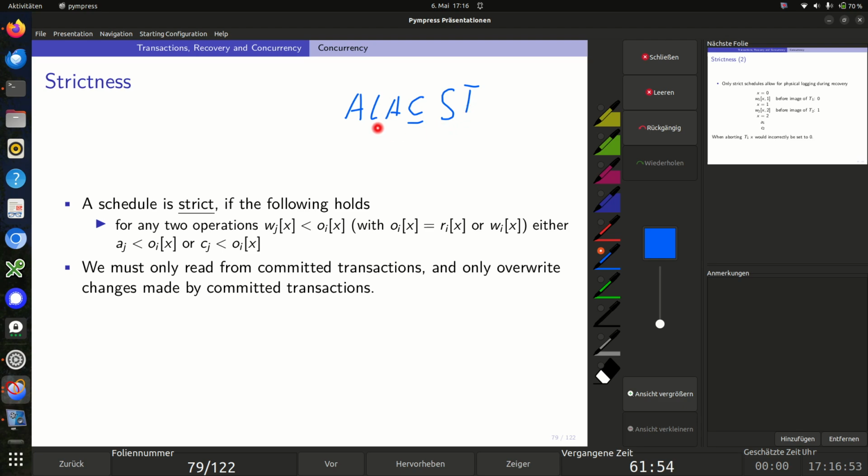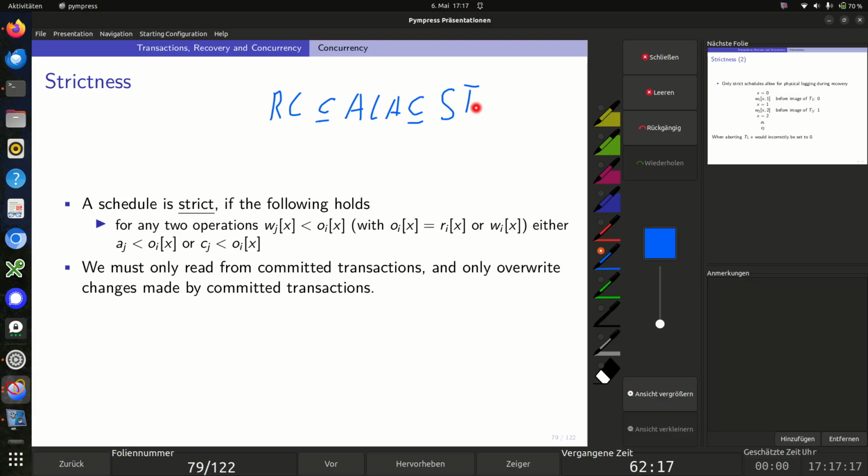And also the other way: as soon as we are avoiding cascading aborts, the schedule is also recoverable, because a cascading abort means we had a recoverable schedule.